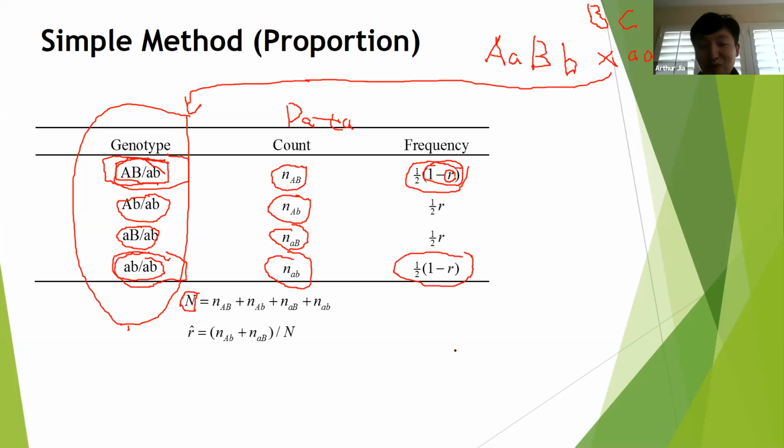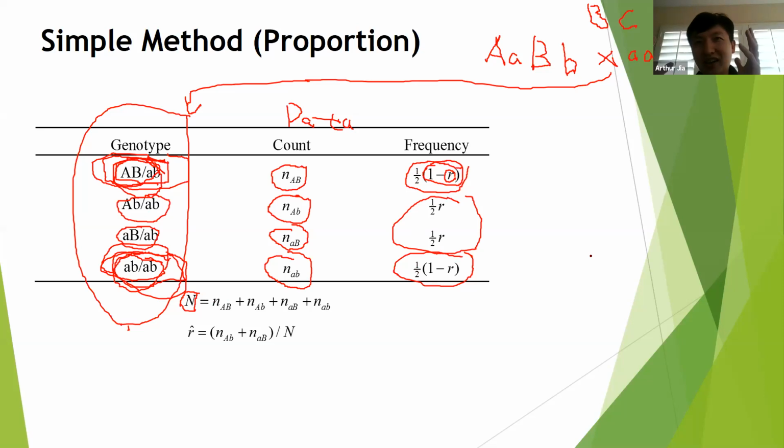Now, if you only look into the parental type, half of them will carry this genotype, and another half will carry this genotype. Am I correct? That's why you're gonna see a 1/2 here, 1/2 here. So these two portions add up to 1 minus R, which represents the progeny carrying the parental type. Does that make sense? Now it's clear for these two.